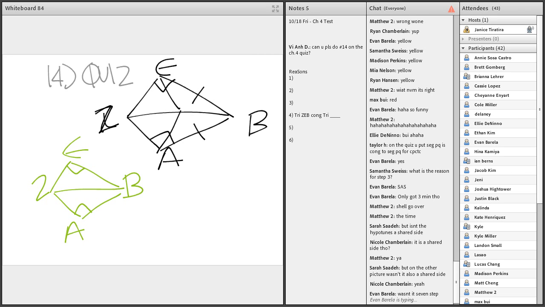I'm sure you're like, I already know that's the answer for step 3 or 4, but how? So this is marked. What's given is EB congruent to AB, then ZE perpendicular to EB, and ZA perpendicular to AB. So that's by given.